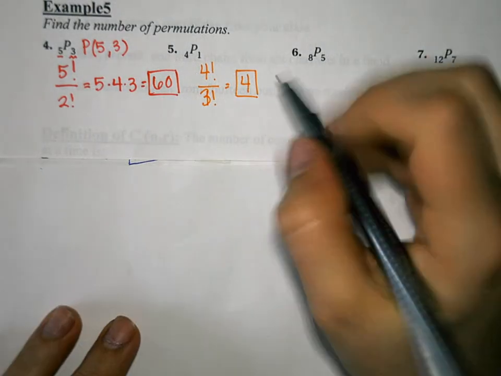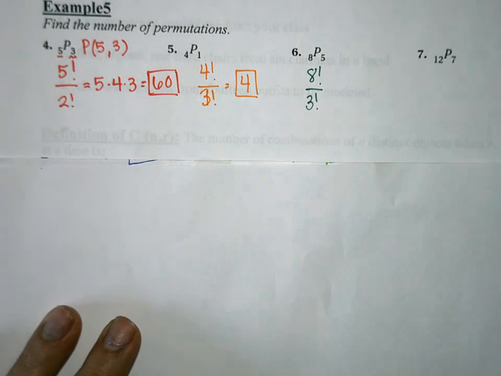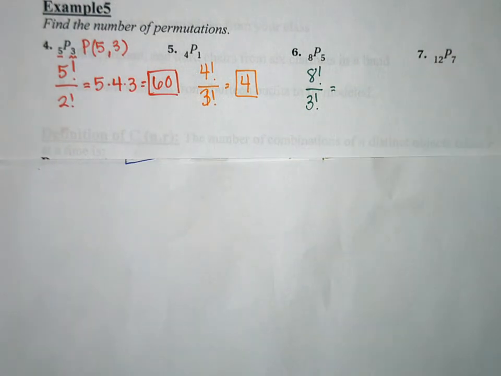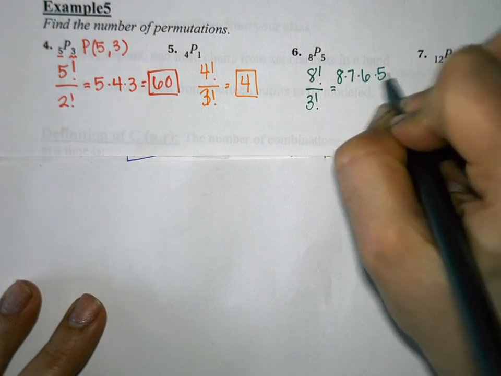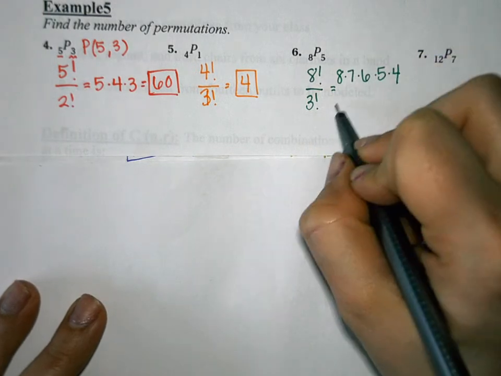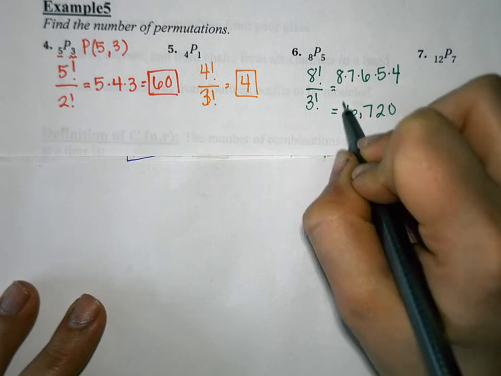Number 6 would have been 8 factorial over 3 factorial. The 3, 2, 1's will cancel, so we would be left with 8, 7, 6, 5, 4, which all comes out to 6,720.